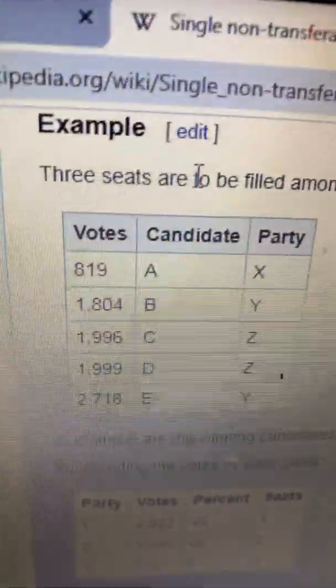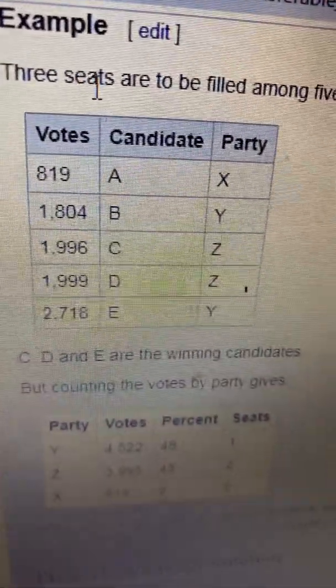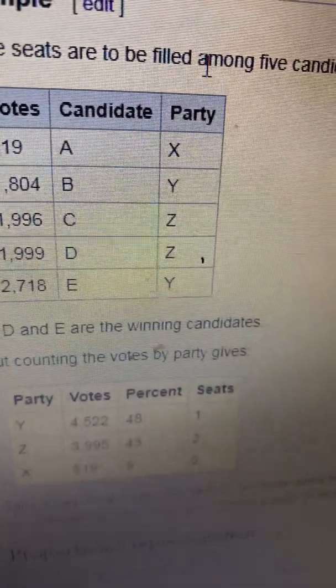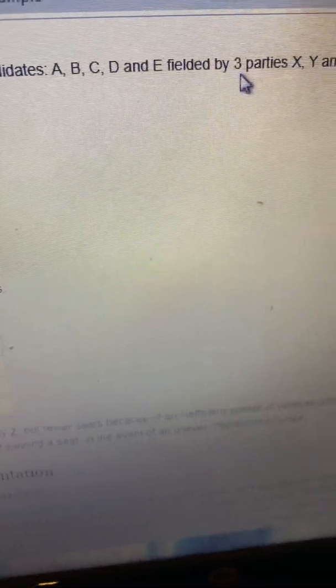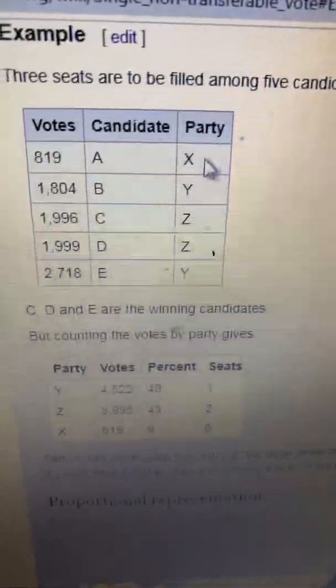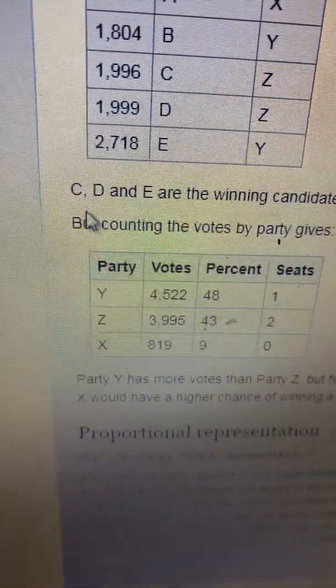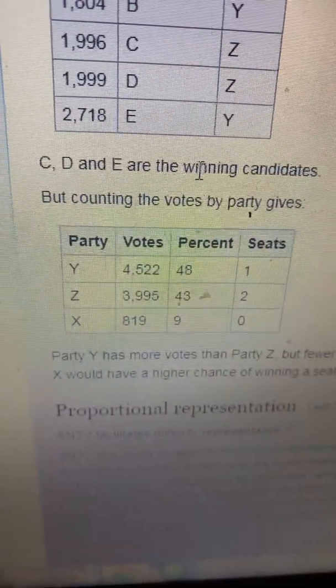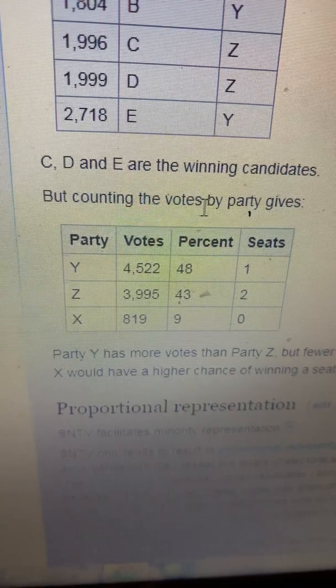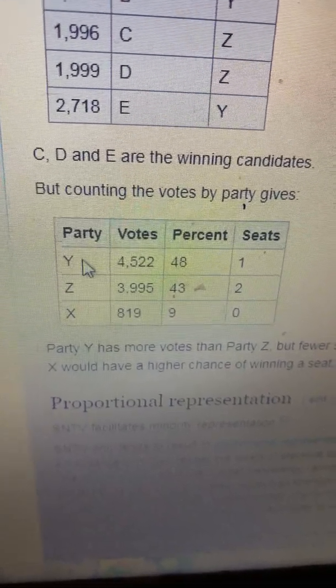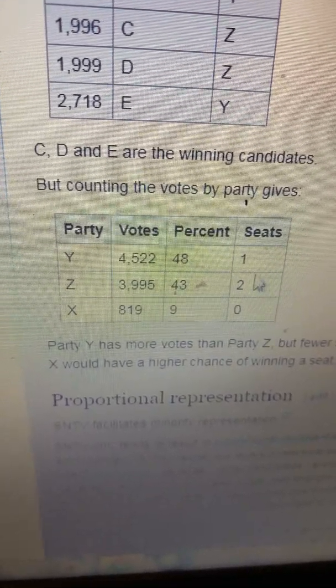So a voting example: 3 seats are to be filled among 5 candidates, fielded by 3 parties. Here are the votes, the candidate and party, and the winning candidates, but counting the votes by party gives votes, percent, and seats.